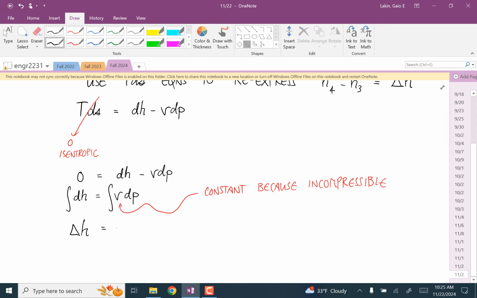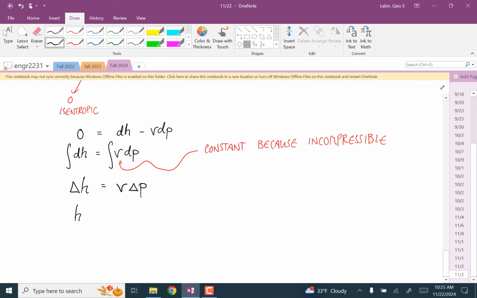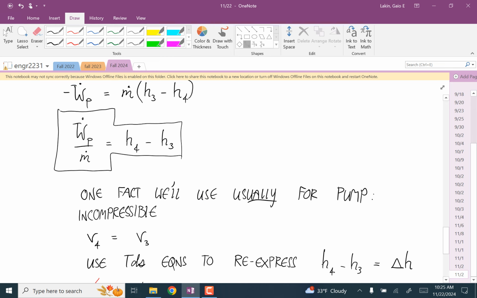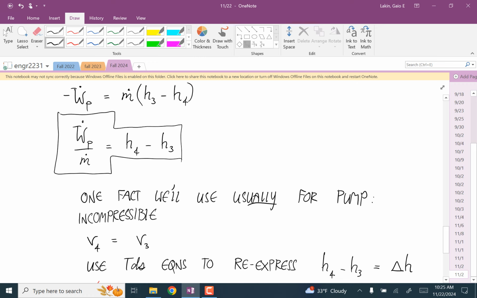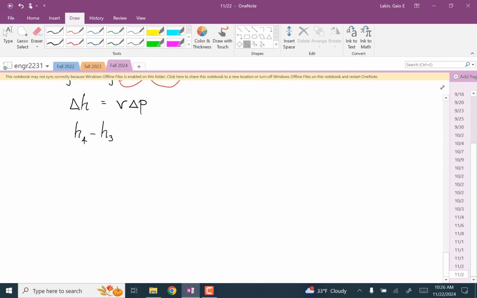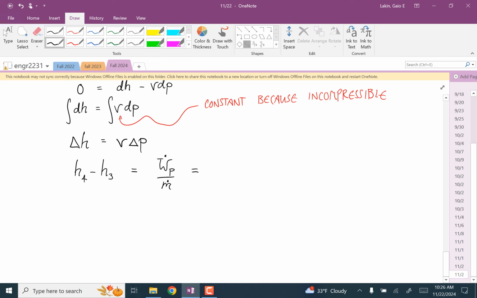Then take the integral, and you get that delta h is equal to v delta P. So in other words, h4 minus h3, which is our expression for W_P dot over m dot, is equal to the specific volume times the pressure at state 4 minus the pressure at state 3.